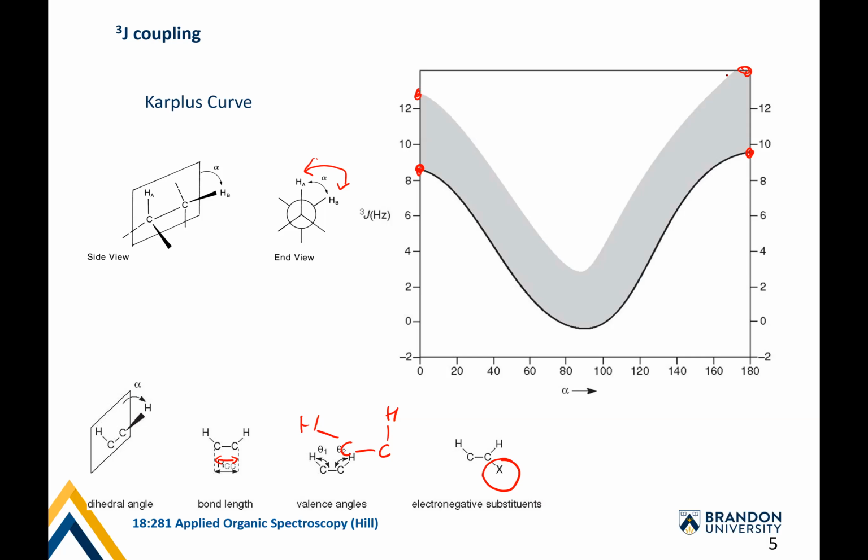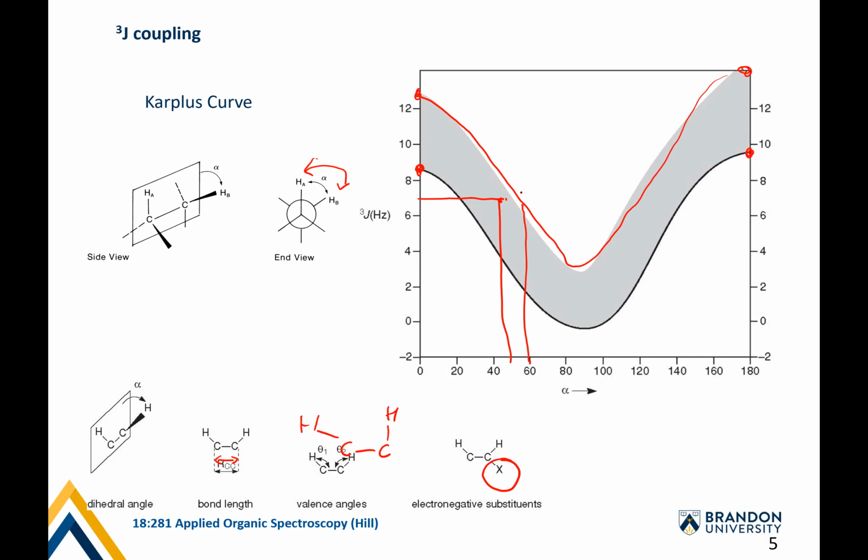So this Karplus curve is interesting. If you're at 7 hertz, it's somewhere in here, 50 degrees. When you draw this, a typical staggered conformation is around 60 degrees, right? So it's somewhere there.